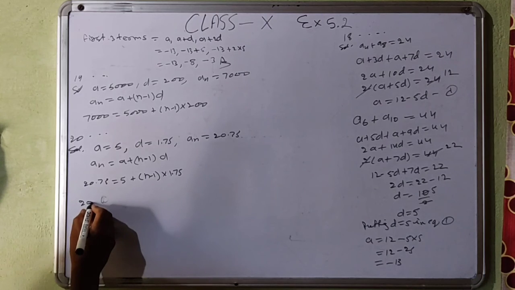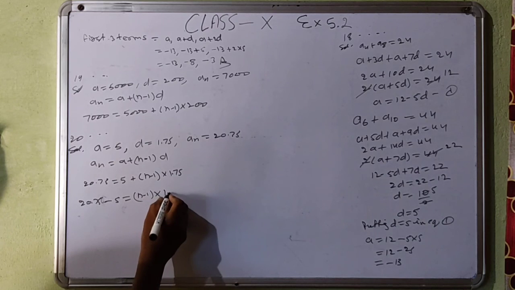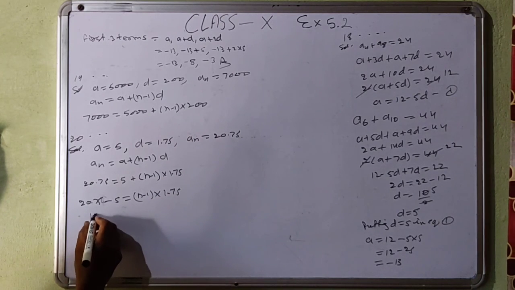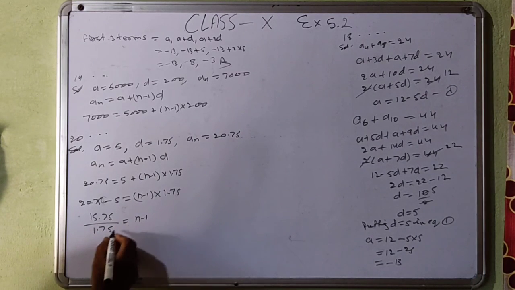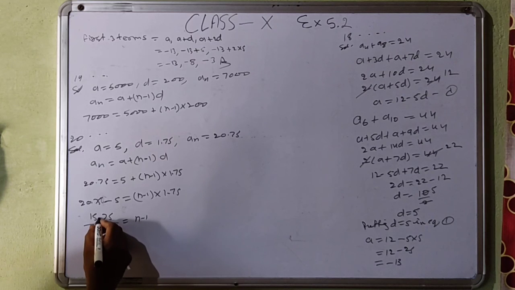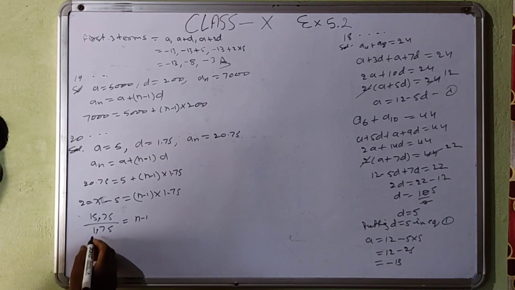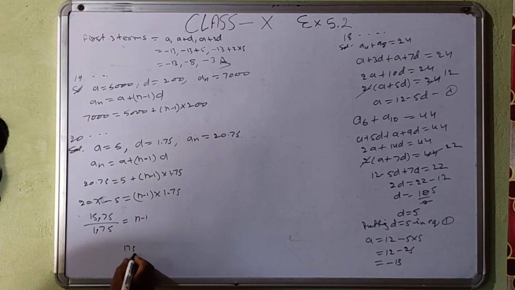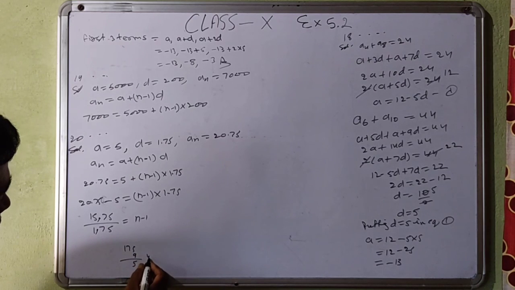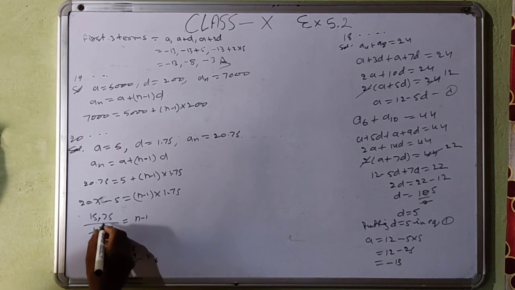Now 20.75 minus 5 is equal to n minus 1 into 1.75. So that will be 15.75 upon 1.75 is equal to n minus 1. So decimal cancels decimal, and then how many times will it go? 9 times. 9 times 5 is 45, 9 times 7 is 63, 63 plus 4 is 67, 9 times 1 is 9, that makes 15.75. Yes, 9 times it is going.